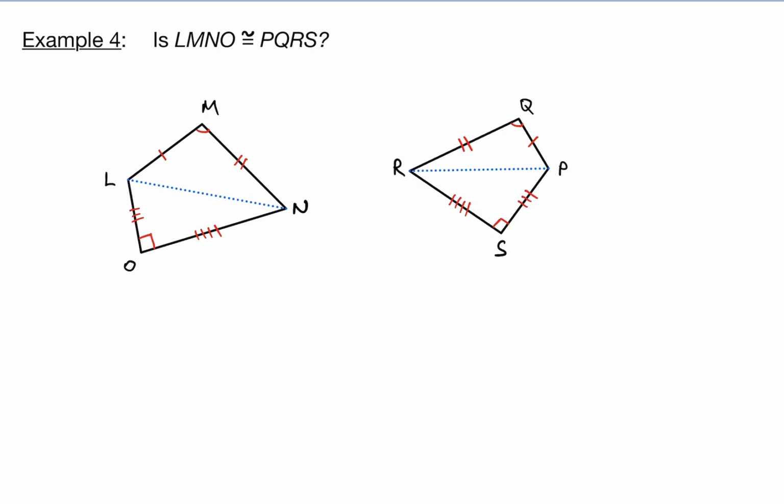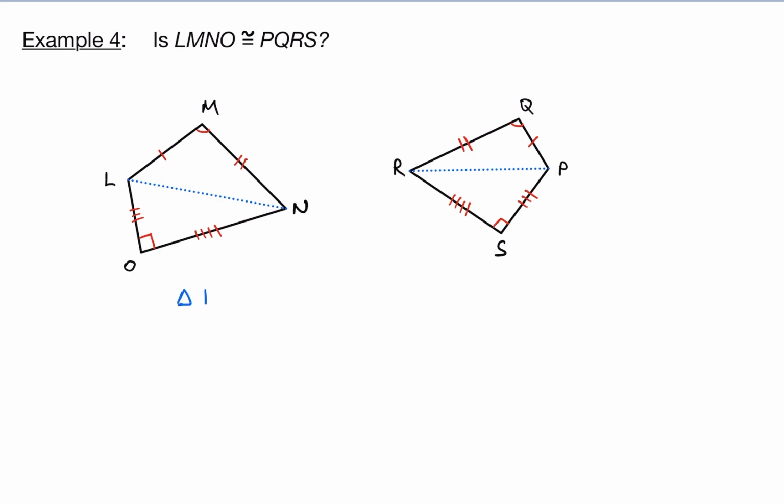And then we also have side ON with 4 hash marks and side RS with also 4 hash marks. Okay, so then what we notice is that both LON and PSR are congruent.